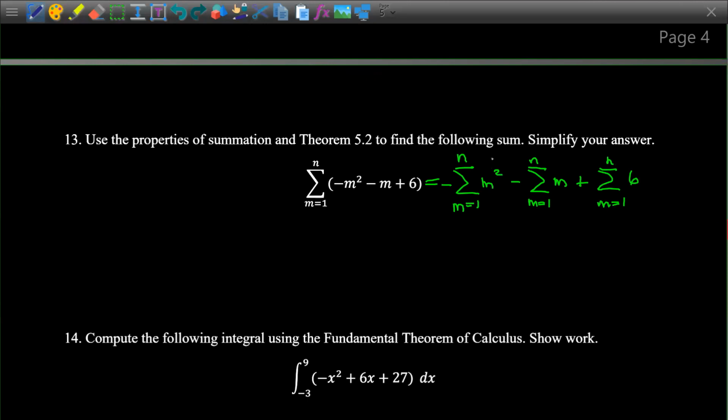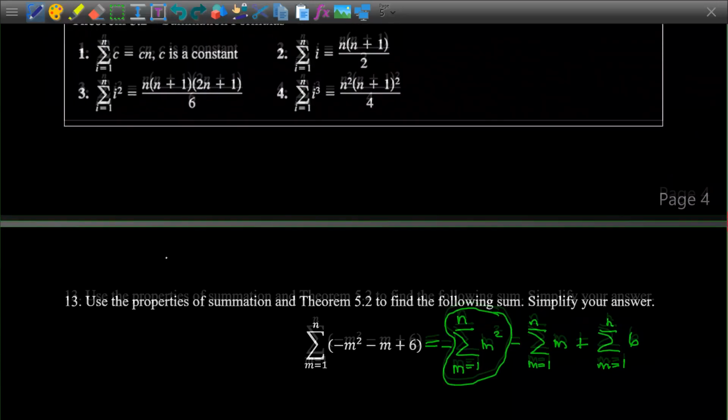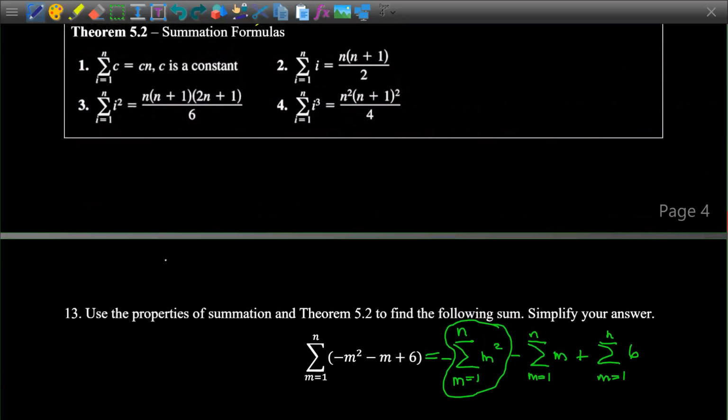The reason for all this is because now we can see that these summations match exactly with what we have in the theorem, except for the index variable. So what I just circled matches with number 3. And it doesn't matter what your index variable is, as long as the index variable is what you have inside the summation.